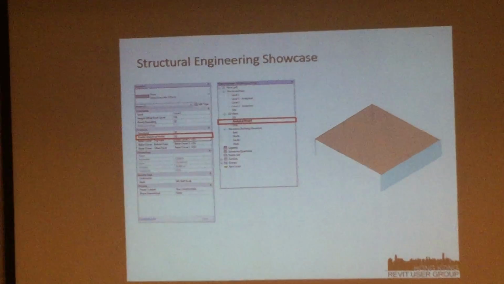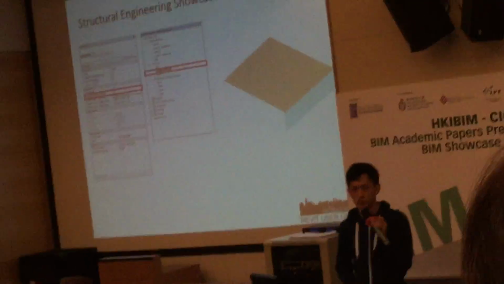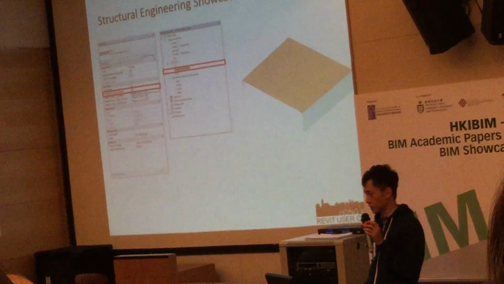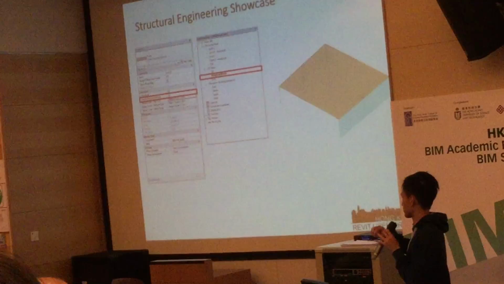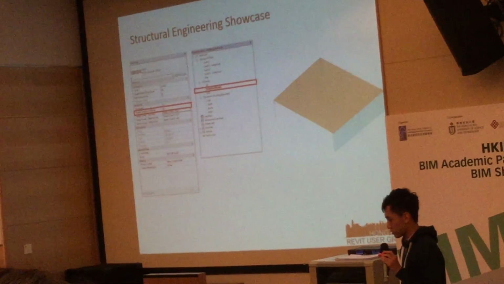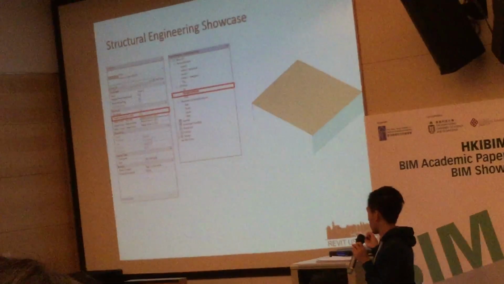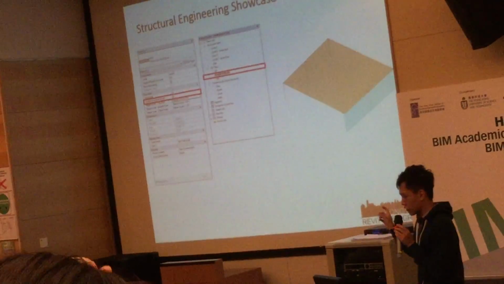So basically, if you want your 3D structure analyzed without rebuilding your geometry in the finite element program, I think Ken earlier just said modeling the geometry takes so much time, so do that with Revit and then export it to whatever software program that you use. Like here I use ETABS, but I'll show you later on.